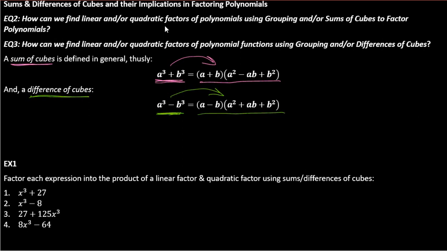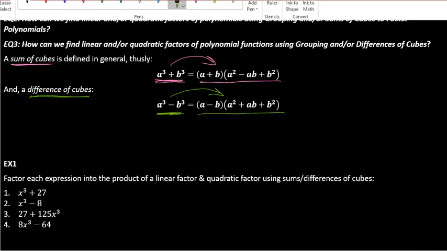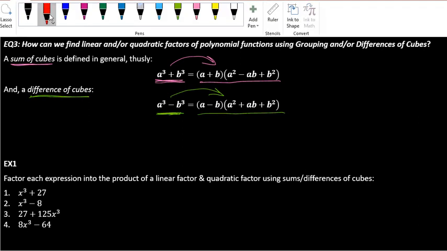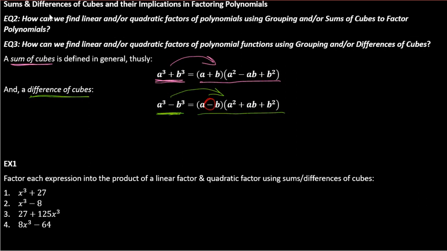Now you'll notice these formulas look really similar, but there's a key difference that we need to take note of, and that is this minus sign and this plus sign here. When we're doing a sum of cubes, we're going to have plus and then minus. When we're doing a difference of cubes, we're going to have minus and then plus. It's going to get switched.